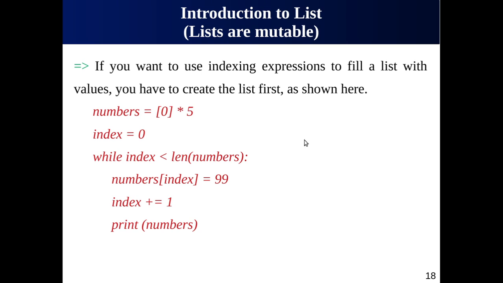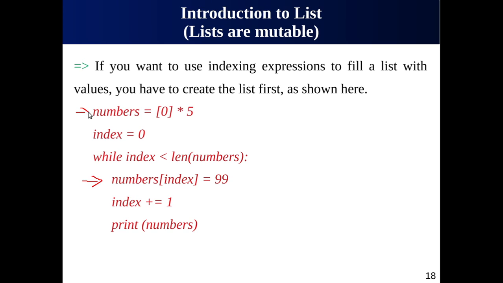Another example about lists being mutable is shown here. If you want to use an indexing expression to fill a list with values, you have to create the list first, as shown here. This is actually a more technical program which involves a loop, but the main thing is here.